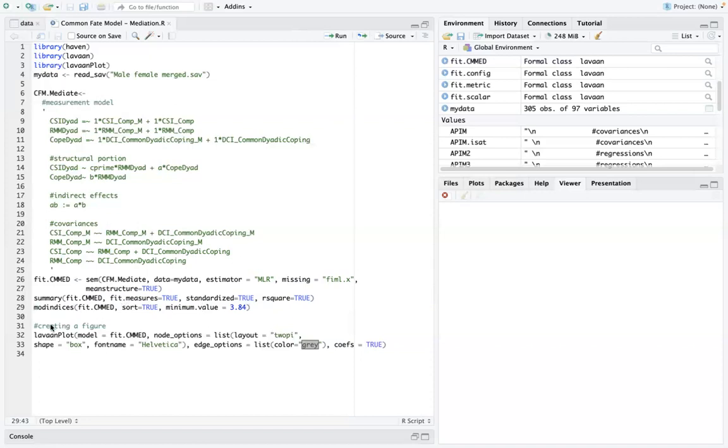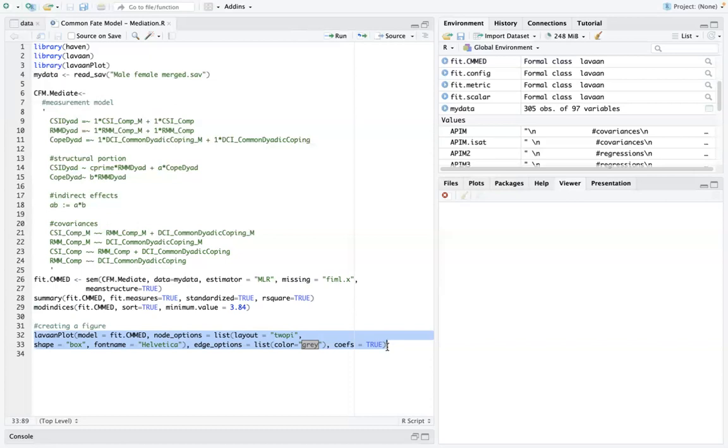All right, so I will use the lavaan plot package to create just a very simple model, or a pictorial representation of the model, so that we can again get a better sense of what the common fate model is doing in this kind of mediation framework.